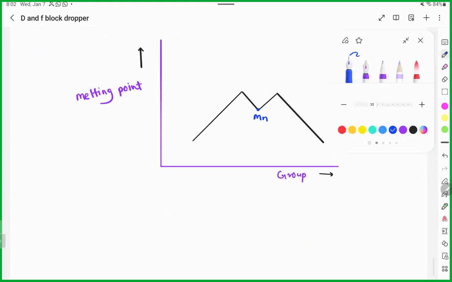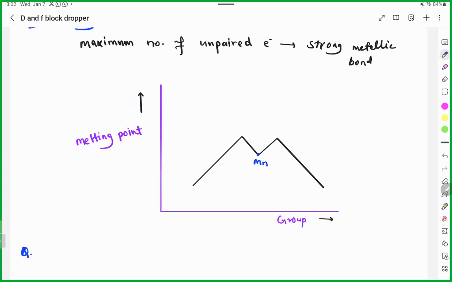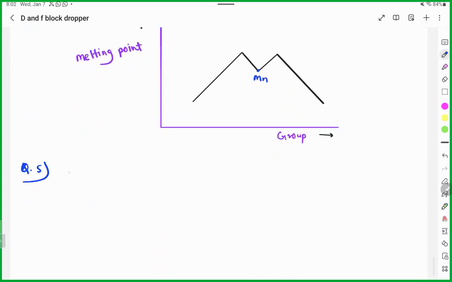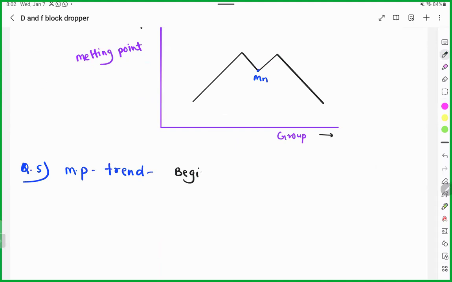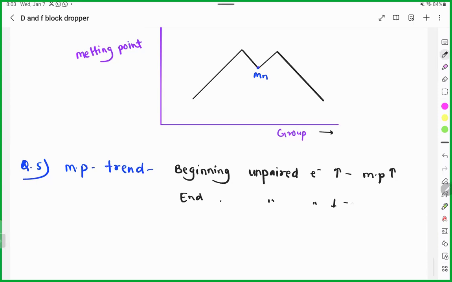See, if you see the melting point trend, in the beginning unpaired electrons increase, so melting point increases, and in the end unpaired electrons keep on decreasing from iron to zinc, so their melting point will decrease.